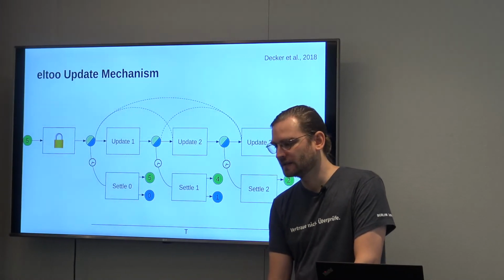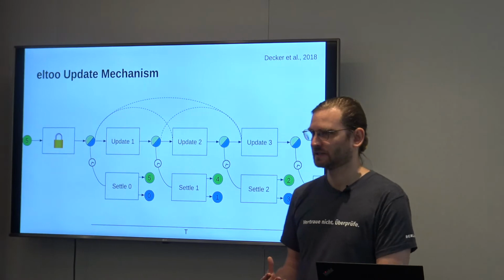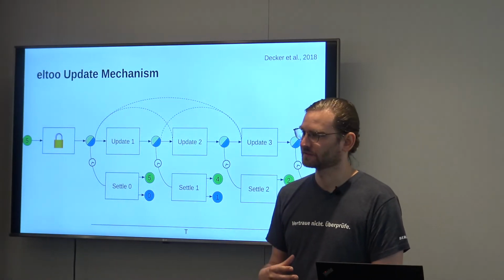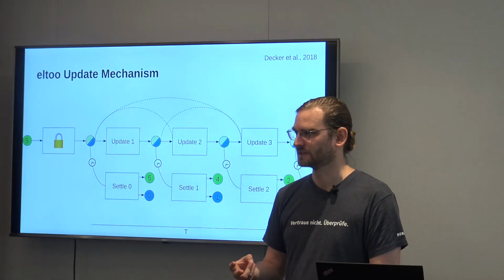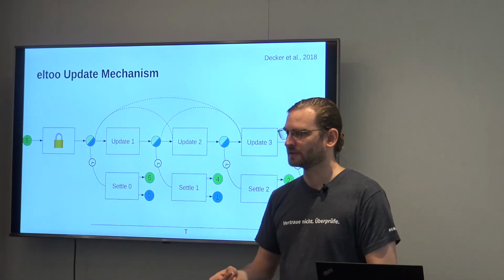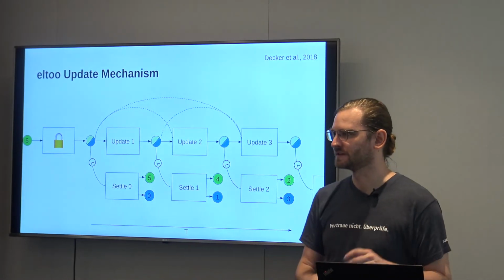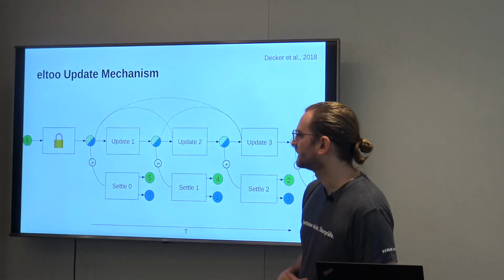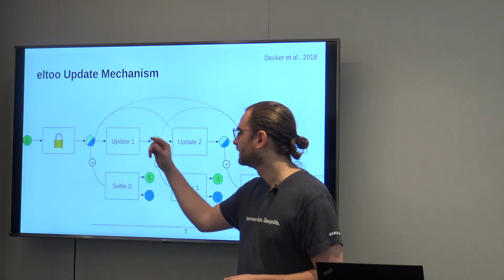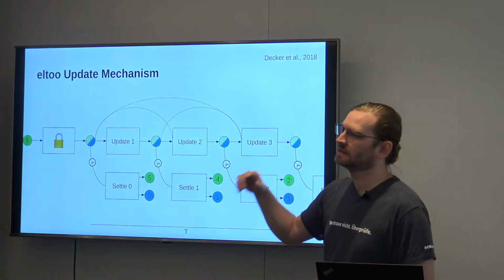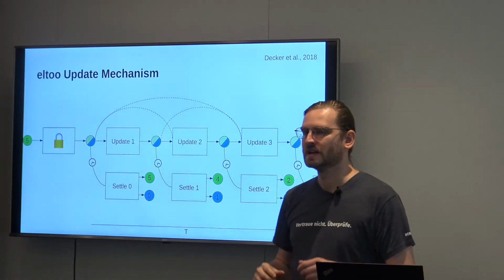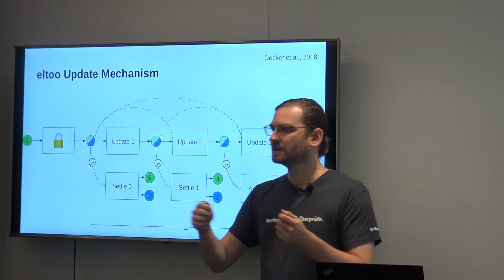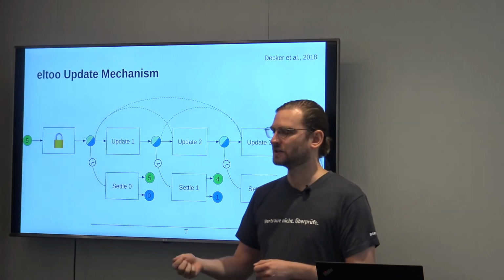With Lightning, the unilateral close of a channel is always a two-step process, right? We publish the commitment and we sweep the funds, and it ends there. With L2, it might happen that we replay update 1, update 2, update 3, and then go on and on and on, because it's always the other guy whose situation was better, right?